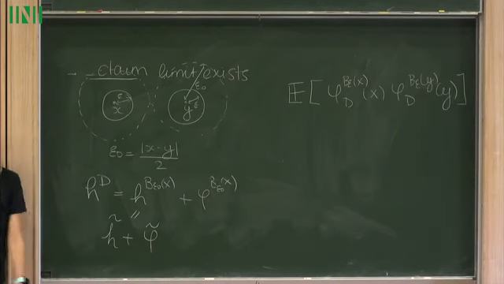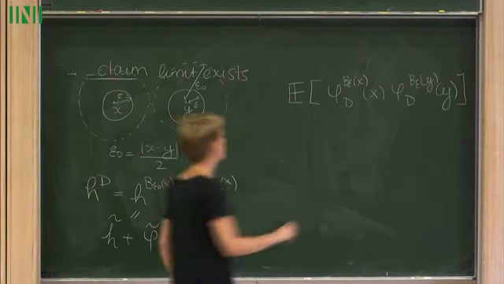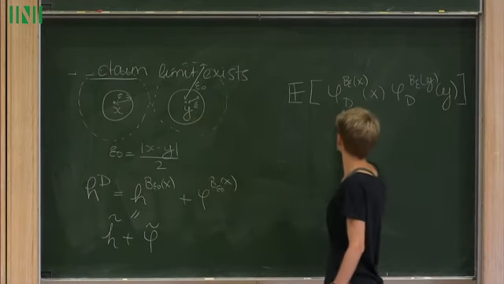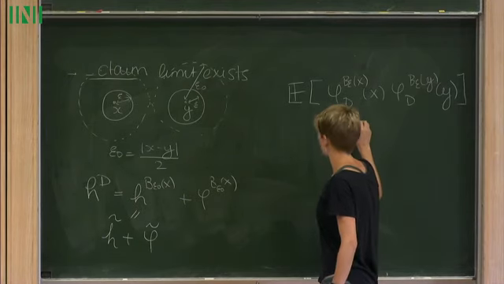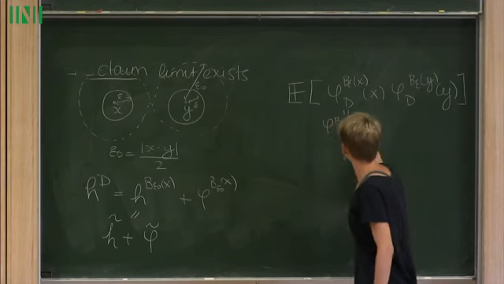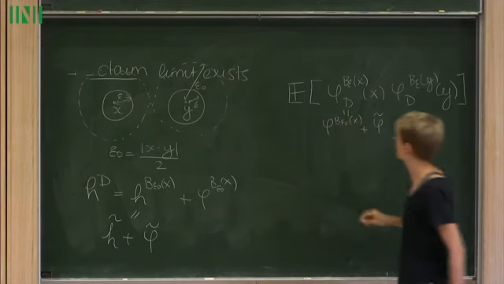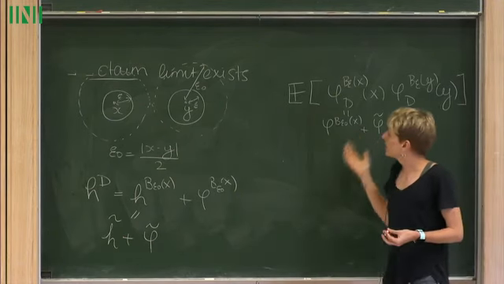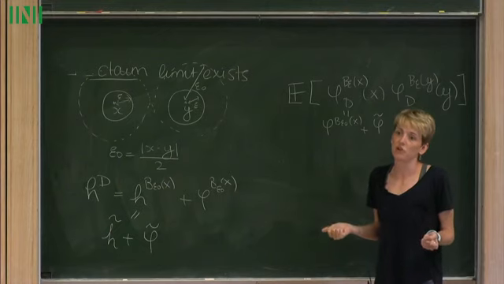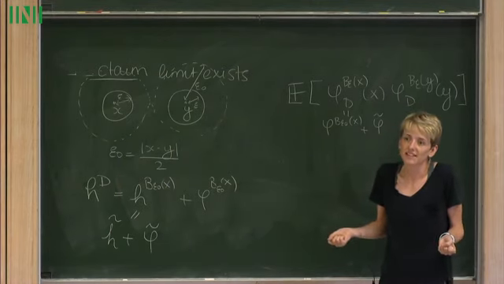Right. And the point is that once you've done this, you know that this harmonic thing here has to be equal to this phi b epsilon 0, so the harmonic part in the first step, plus this extra thing phi tilde. And why is this the case? Well, it's basically because if you assume that you have a domain Markov decomposition, then it has to be unique, right?